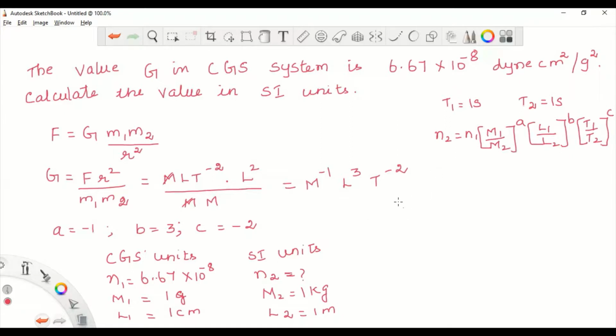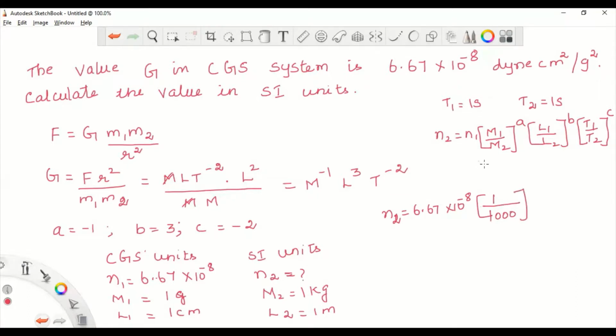N2 is equal to, what is N1? 6.67 into 10 power minus 8. Okay. What is M1? 1 gram. So 1 gram divided by, you have to convert this M2, which is 1 kilogram. So we are going to consider this M2 1 kilogram as 1000 grams. So let me write it as 1000 here.